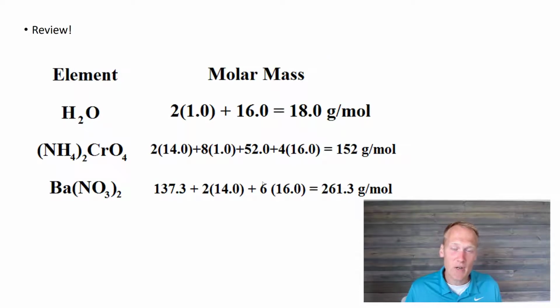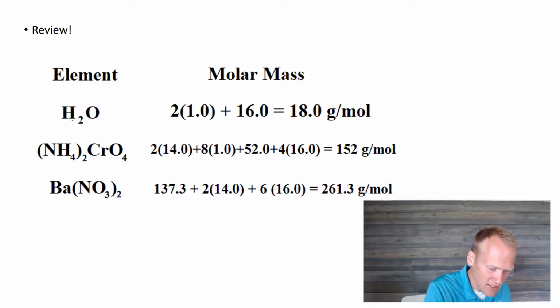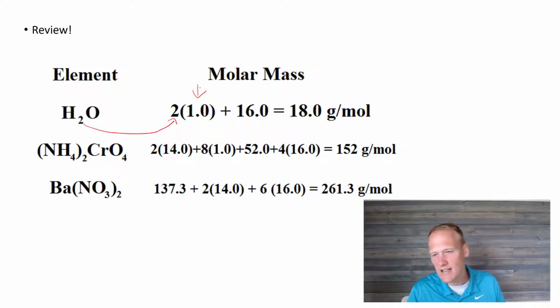Based on that, we need to review what we learned last time, which is how do we find the whole part, or how do we find the total amount of mass of any molecule? We've already done this. You would take the molecule, you would take the number of atoms you have for each atom, and then you'd get the mass from the periodic table.